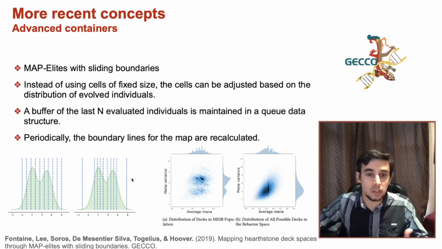This has the advantage of allocating more cells, so a higher density of cells, in an area with a high distribution of individuals, and conversely having larger cells when fewer individuals are generated in this space of the behavioral descriptor.